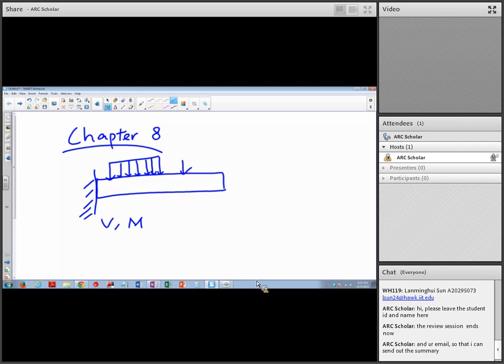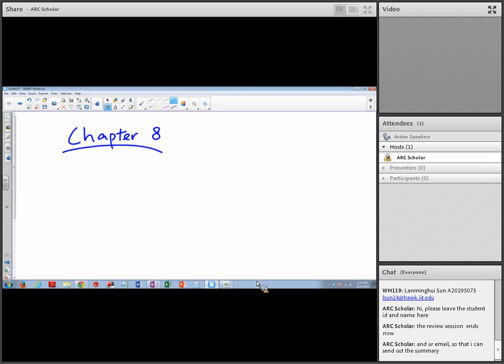And in chapter 8, we need to find the stress in any plane of the bar. So if you're okay with chapter 7, you are able to find any moment of the bar. Let's say there is a bar like this, with a force here, and there will be a moment coming down, and this bar will look like this.